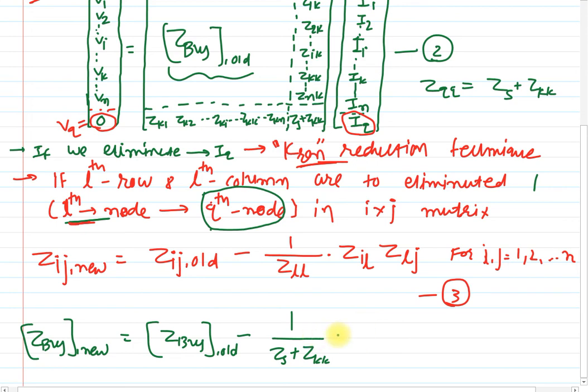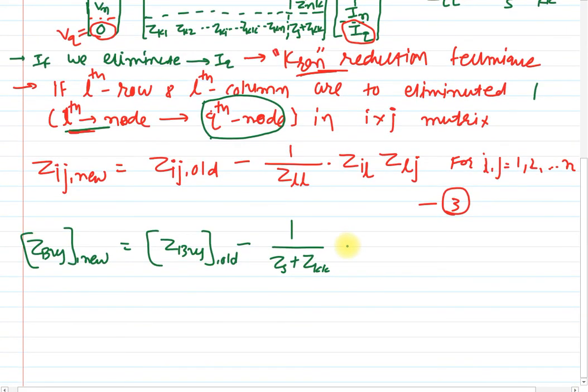Now into ZiL, here we have Zik, and Zki. So I can write the column vector into the row vector, which represents ZiL and ZLj from equation number 3.